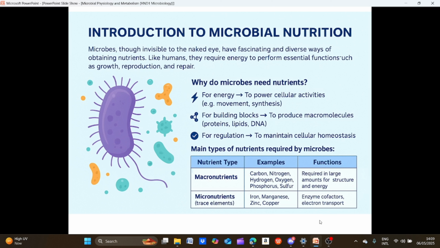Then the third aspect of it is for regulation, that is to maintain cellular body temperature and do some other things like that. So the major nutrient types that they need, we will divide into two: micromolecules and macromolecules.